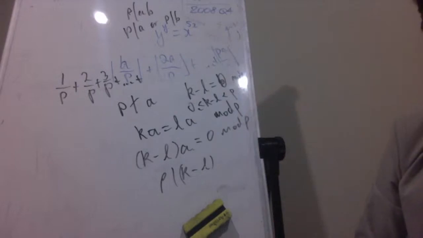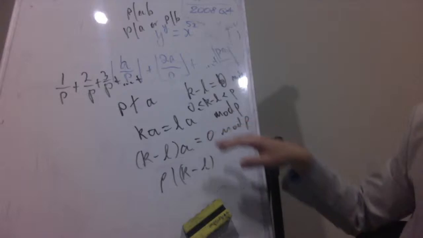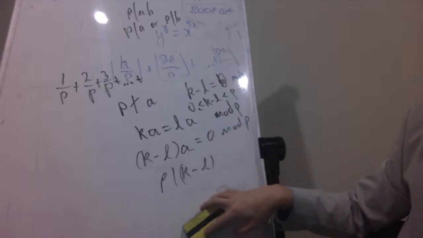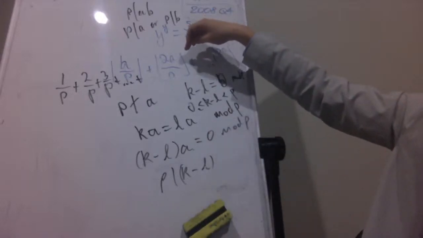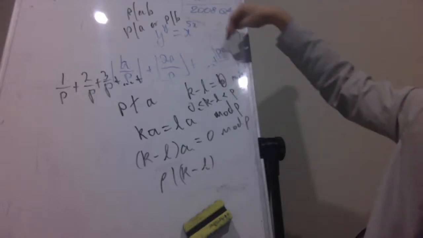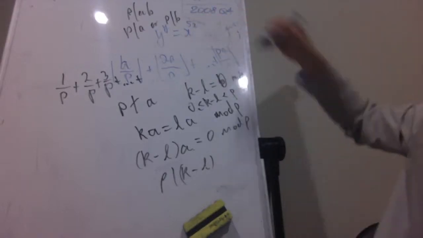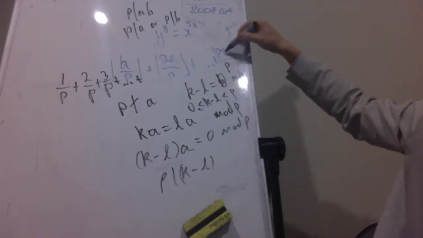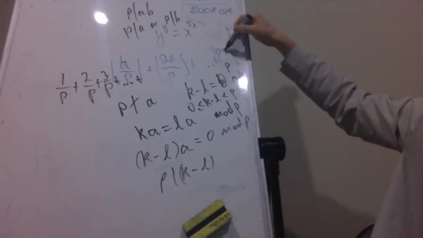What if a bunch of them are 0? They can't be, right? We just said they can't be the same. The remainder is only 0 if P divides that, right?